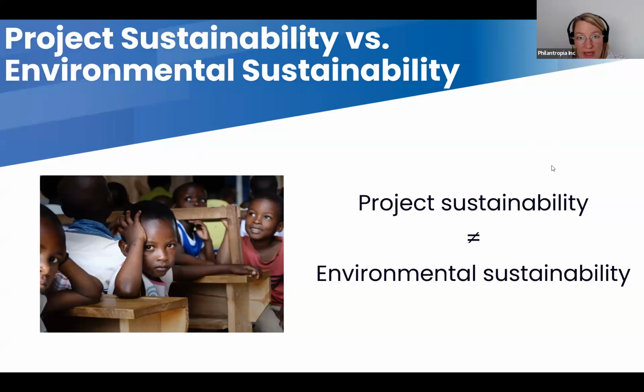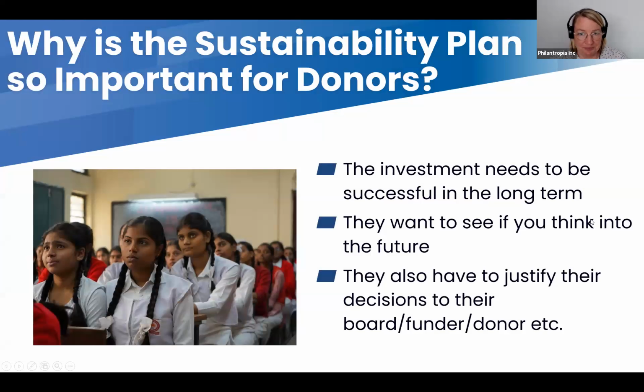So you have to show that, you have to tell people that, but not in this section. Usually you have to describe that when you describe your activity, so when you describe your plan. So make sure to keep that apart, and be sure that you understand the donor's definition of the term, because sometimes they might mean environmental sustainability, but then usually they will also tell you that.